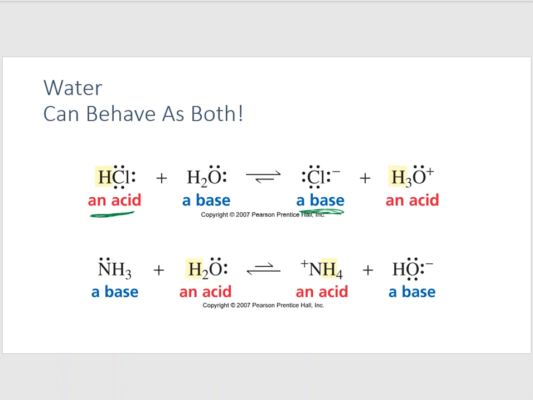In a previous example, we said, listen, HCl goes to Cl minus. It lost a proton. The definition of losing a proton is an acid. And this makes a conjugate base. They left the word conjugate off here for you, but it's a conjugate base. They wanted you to focus on the word base, though. That is what we're doing.